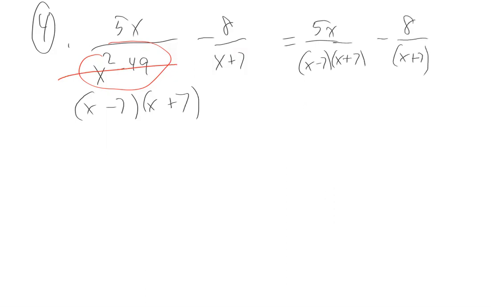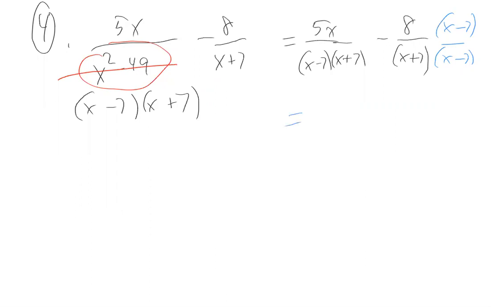Now it still doesn't have the same denominator, but it's getting close. All we need to do is put down an x minus 7 on the bottom of the second fraction, but therefore we have to put an x minus 7 on the top of the second fraction. Now they both have the same denominators.